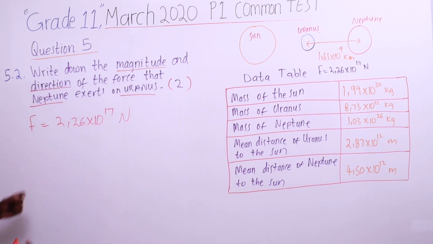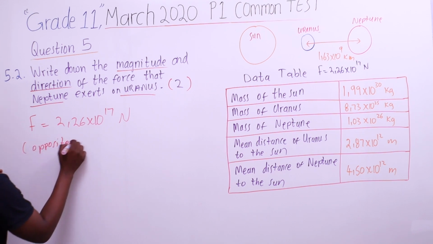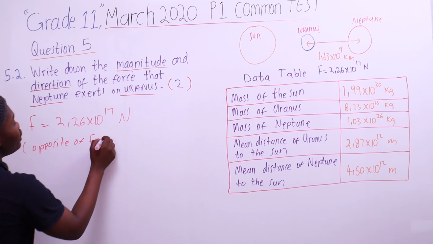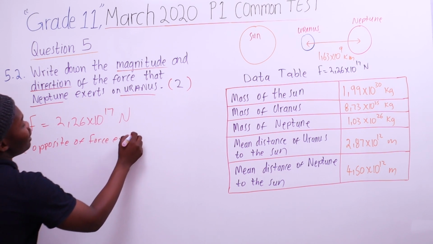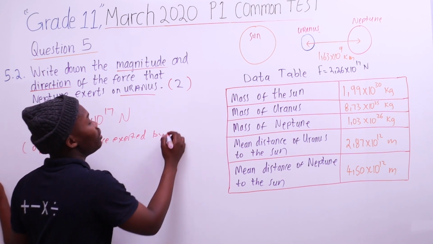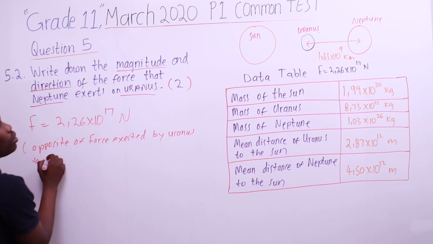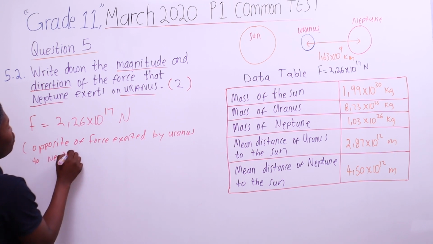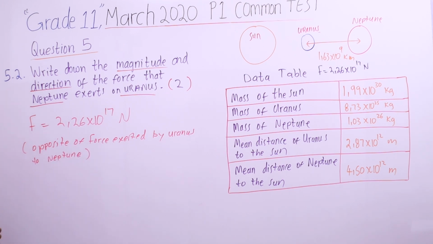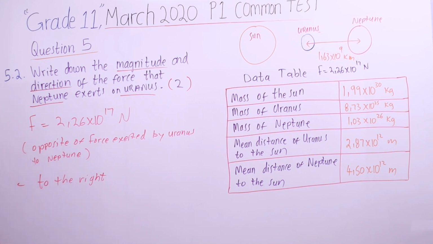But in direction, I mean, it is the opposite of the force exerted by Uranus to Neptune. Some would say to the right. It's up to you how you write it.